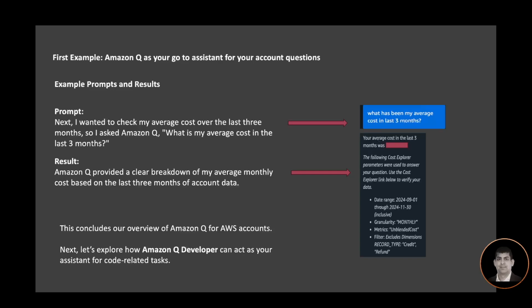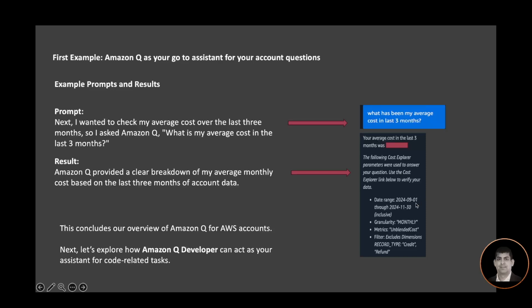Let's look at another prompt. This time I'm saying I want to check my average cost over the last 3 months. Again, this is my prompt, and Amazon Q provides a breakdown, and this is just part of the result that I'm showing here at a summary level. It says your average cost in the last 3 months is this much, and this is how I'm driving this cost.